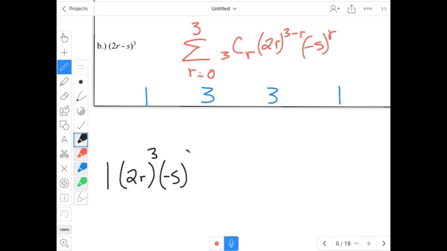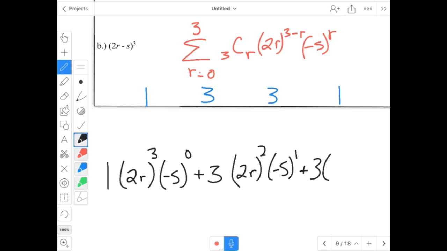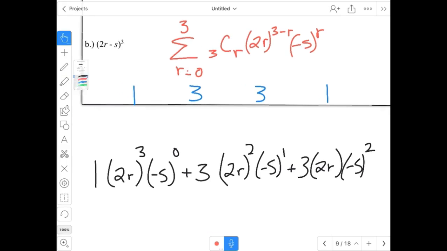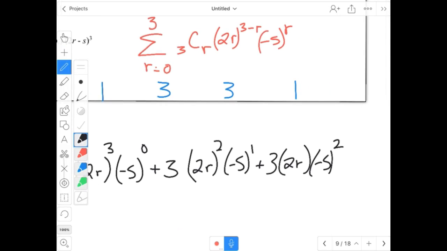negative s to the 0 plus 3, 2r squared, negative s to the first, plus 3, 2r and then negative s squared, and then finishing up with plus 1, 2r to the 0 and then negative s to the third.